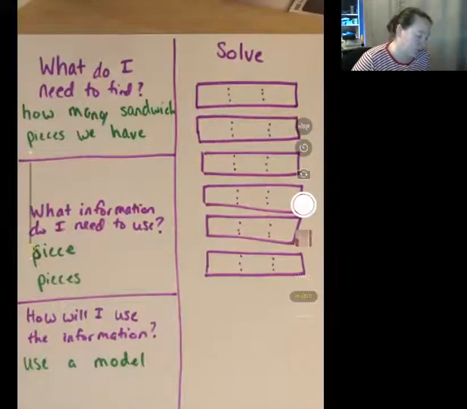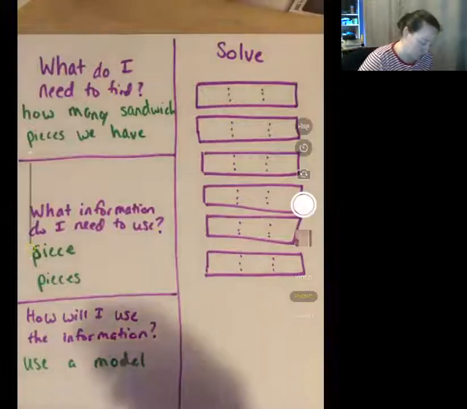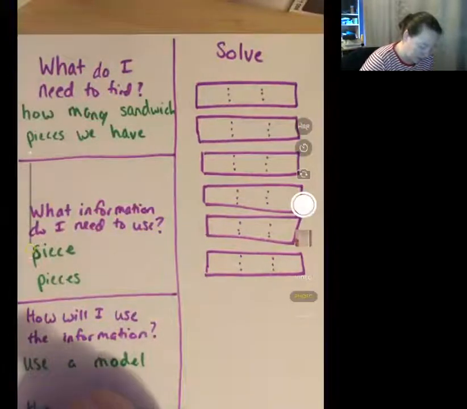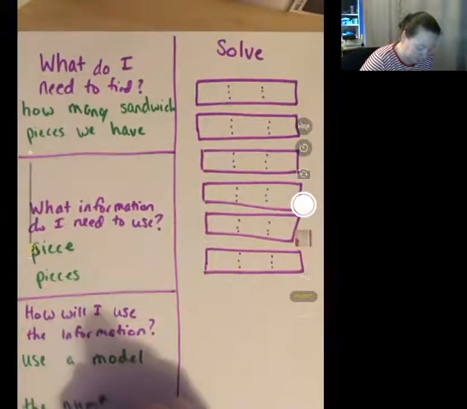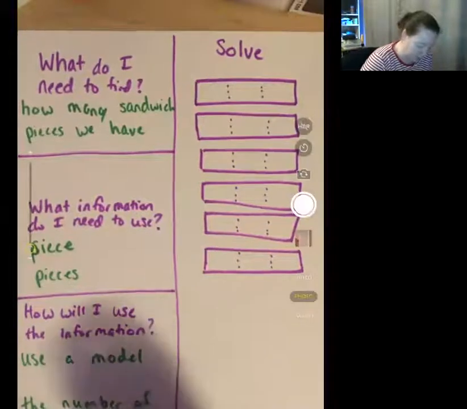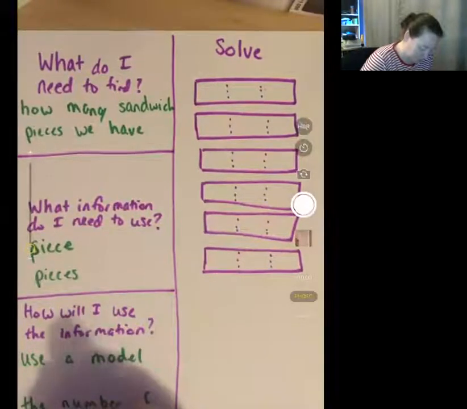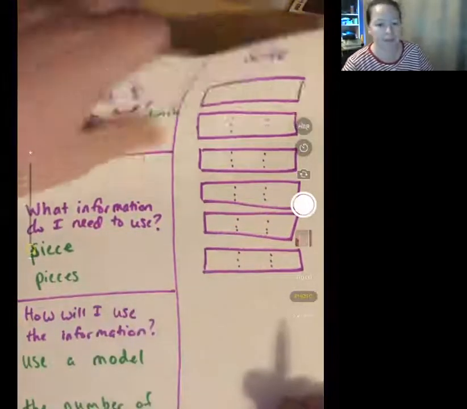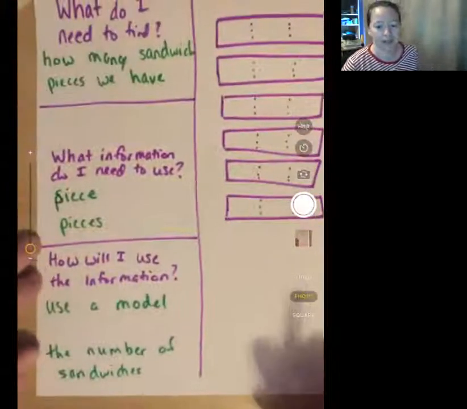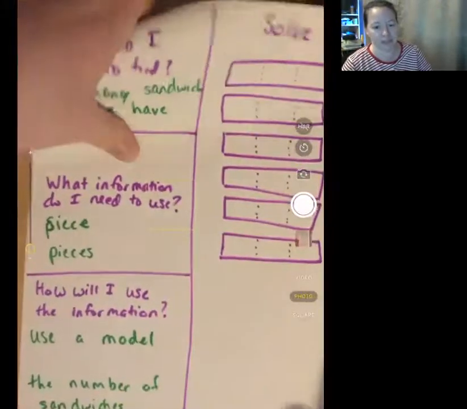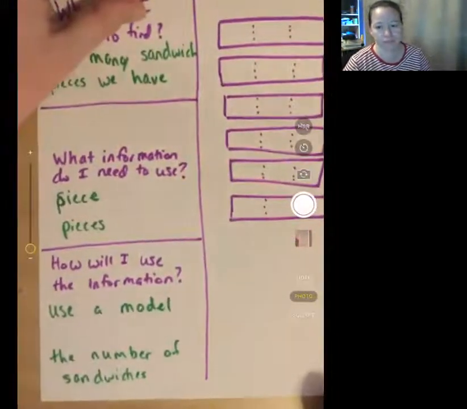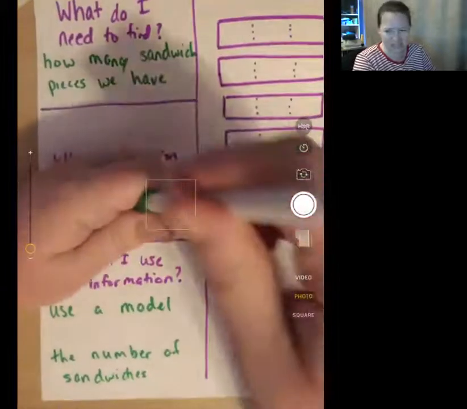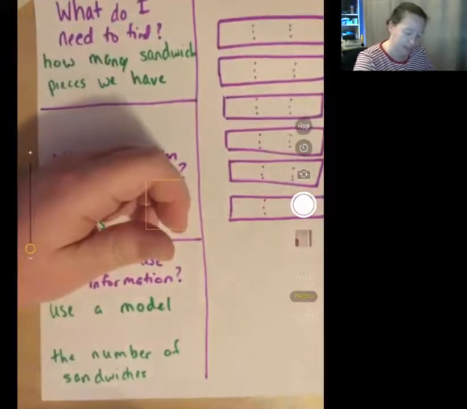Then I can use the organized information to find the number of sandwiches. And I ended up off screen, huh? Okay, to find the number of sandwiches, or sandwich pieces, if you want to put it that way instead.